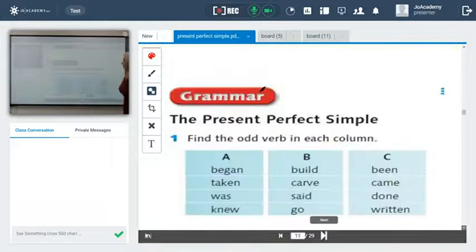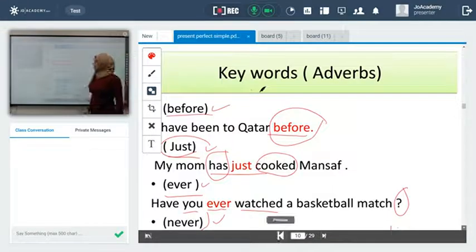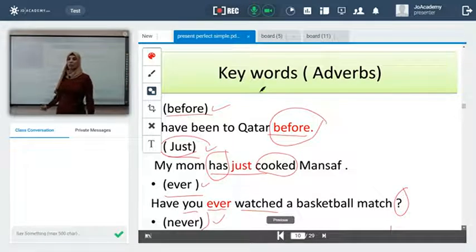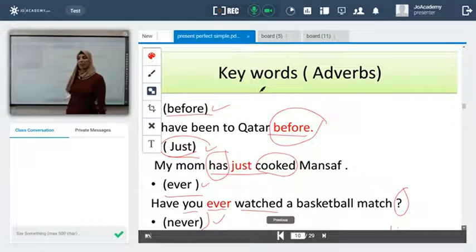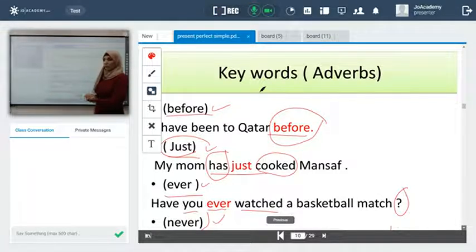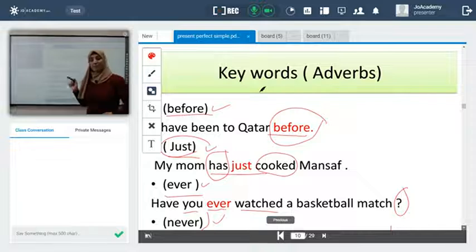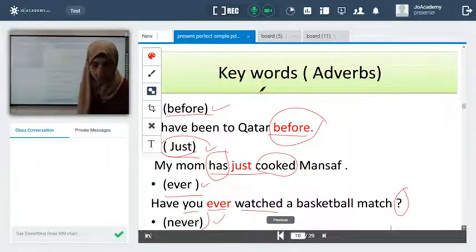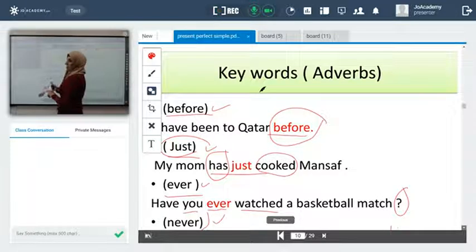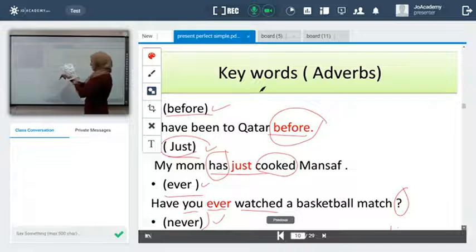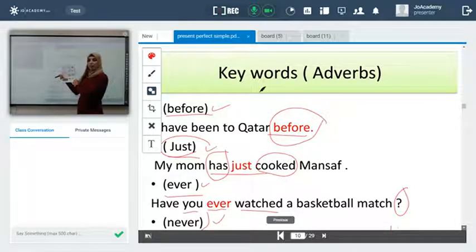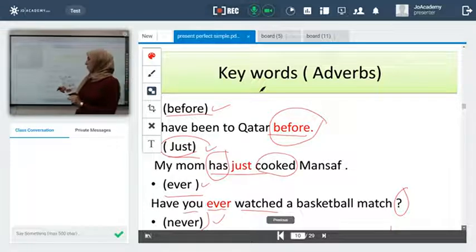Now, we're going to have some exercises after we talked about affirmative, negative, questions or interrogative, and the adverbs or the keywords. Are you ready? Okay, if you are ready, then you need to go to your students' books with me. It's going to be page 63, and we're going to start with exercise number 1.